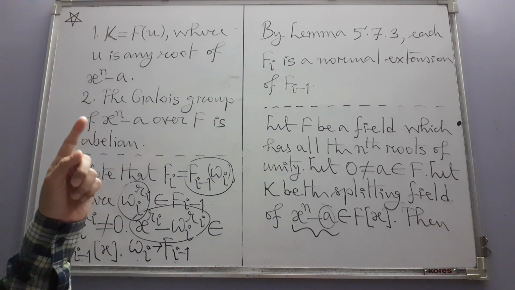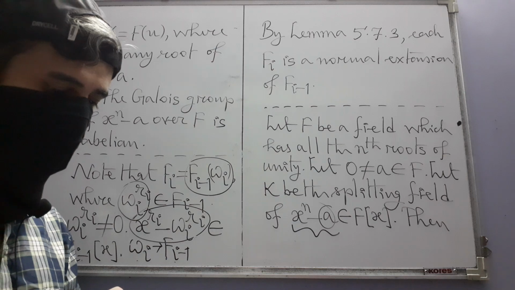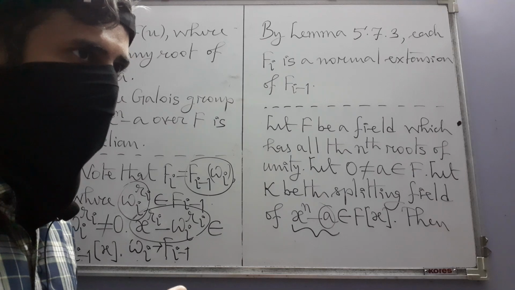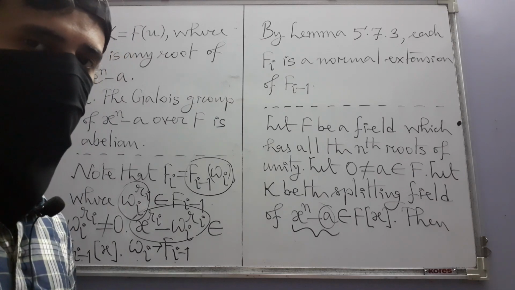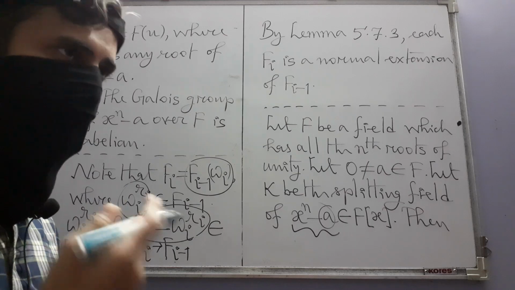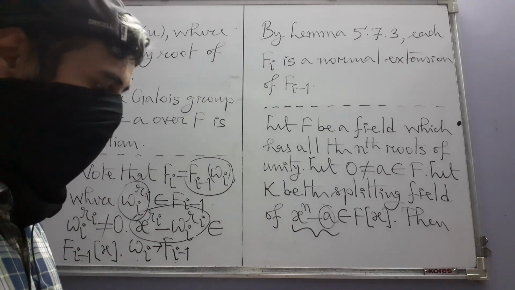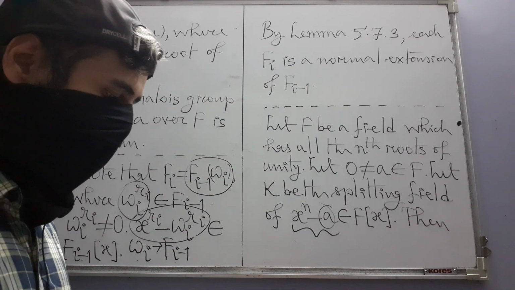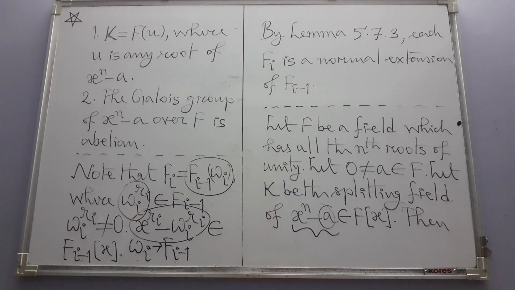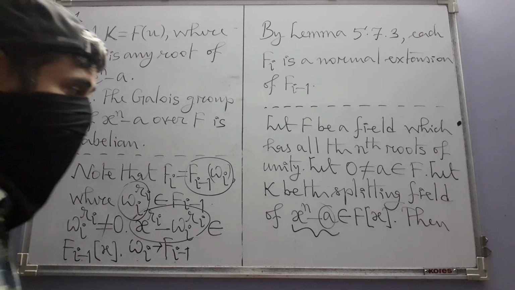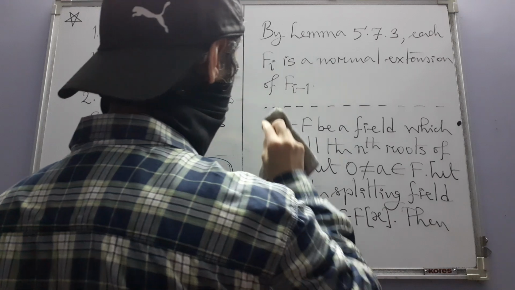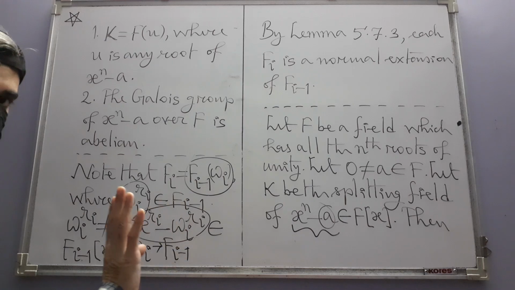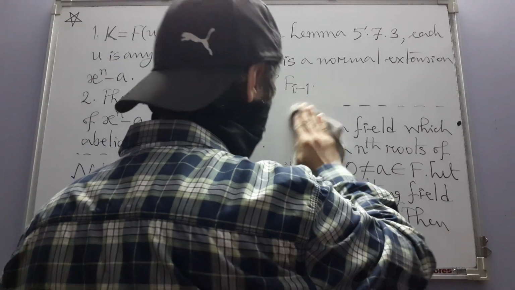And because each F_i is a normal extension of F_{i-1}, and we have already seen our assumption, that is F_k is a normal extension of F, which in turn implies that F_k is a normal extension of each F_i, this further implies this. These things very quickly become confusing because we have already seen how this is coming, so we can erase this part and continue from here.